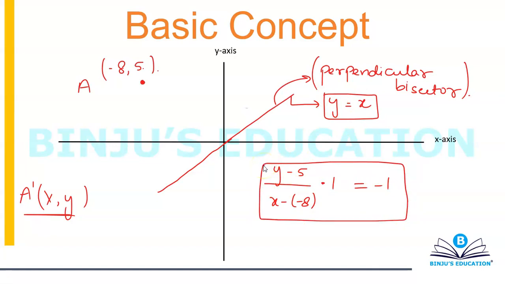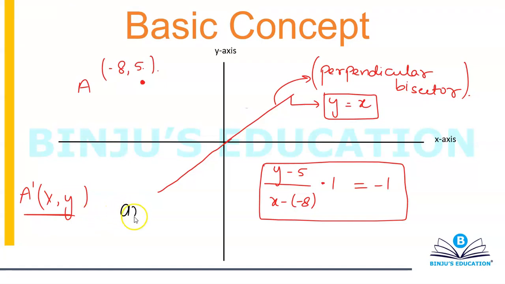Second is the distance concept. The distance of point A from y is equal to x will be equal to the distance of point A dash from y is equal to x. How do you calculate the distance between a line and a point? Let me give you that formula also.